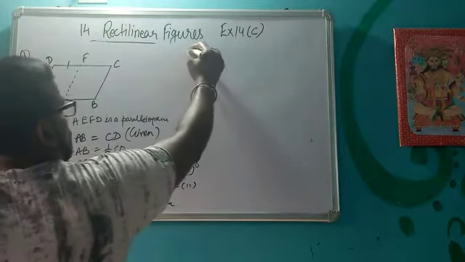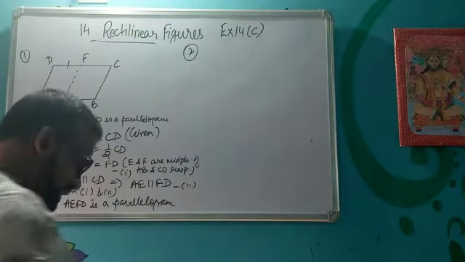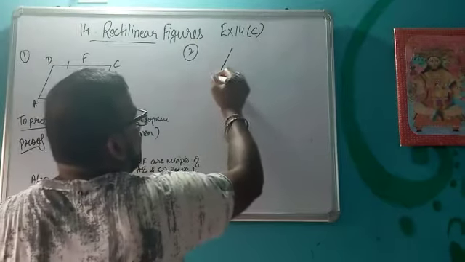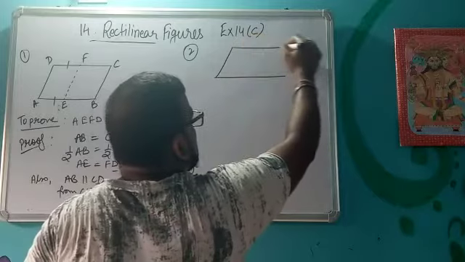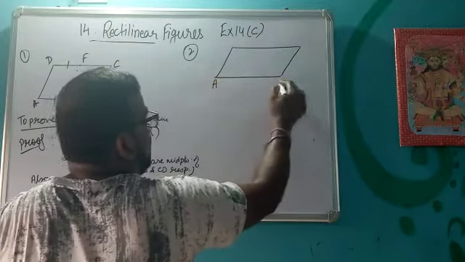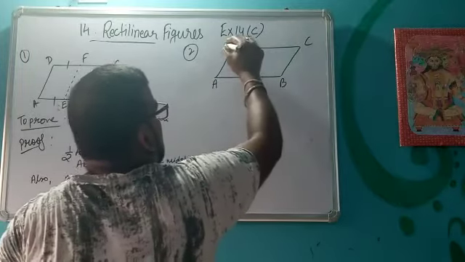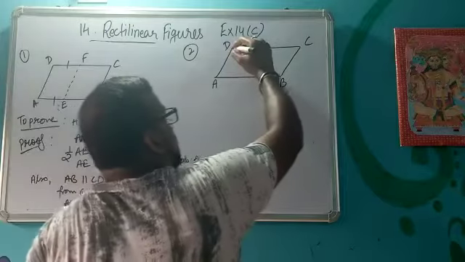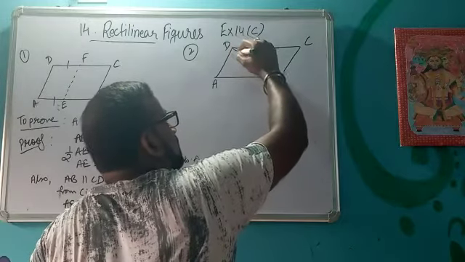Now for the second question, it is given that diagonal BD of a parallelogram ABCD bisects angle B and D. That means, if it is A, B, C, D, then diagonal BD is bisecting.